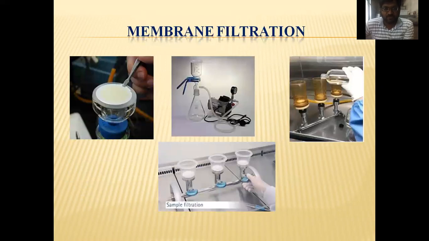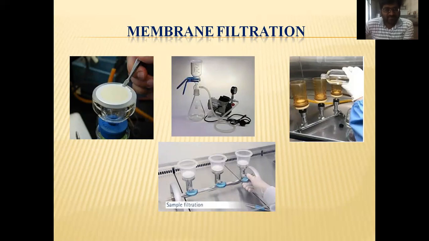You can see in the first picture, this is the cellulose membrane, and the pore size is 0.45 micrometer. The second picture contains the apparatus for the membrane filtration method. This contains a sample holder to hold the sample container and the vacuum flask.